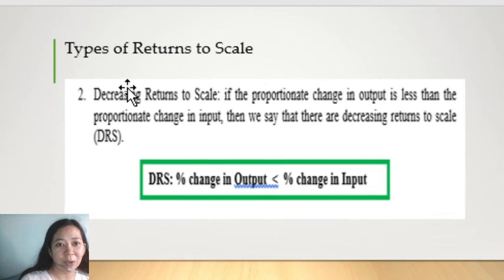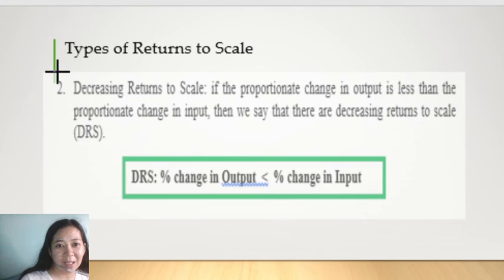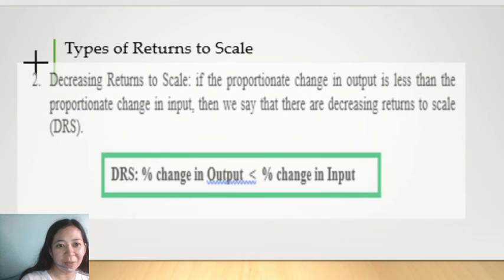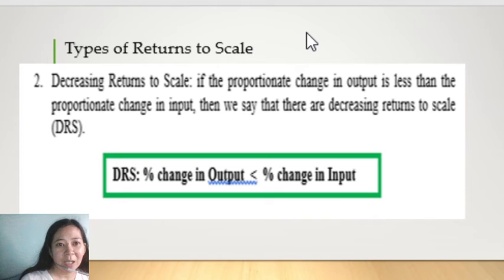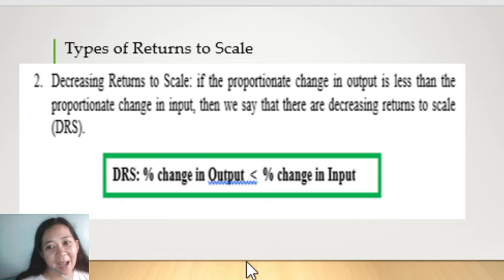The next one is decreasing returns to scale. This is the opposite of the first type. In decreasing returns to scale, the proportionate change in output is less than the proportionate change in input. This is also reflected in this illustration.